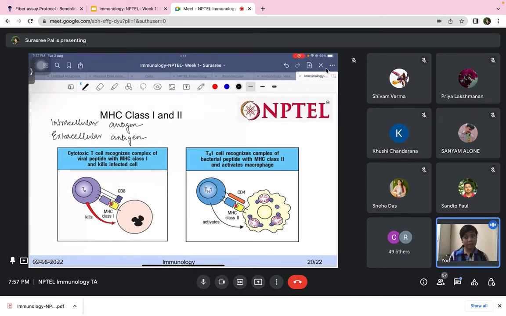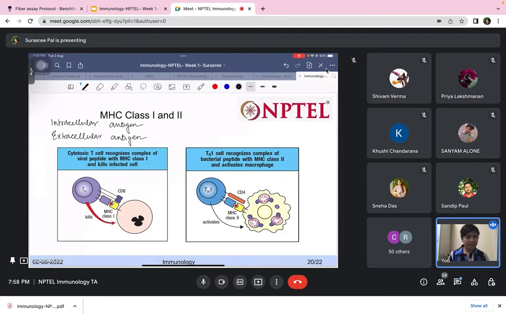They start replication and they start producing their proteins. That is why viral antigens are always intracellular antigens, because the virus has invaded into the cell and now it is producing proteins. And MHC class 1 molecules actually present this type of intracellular antigens, right?